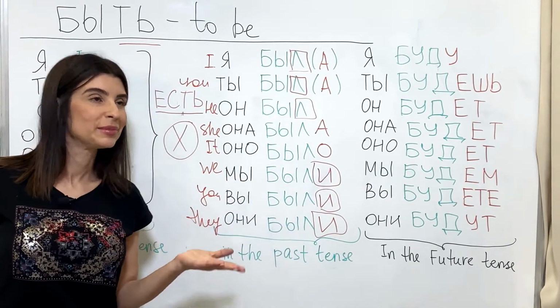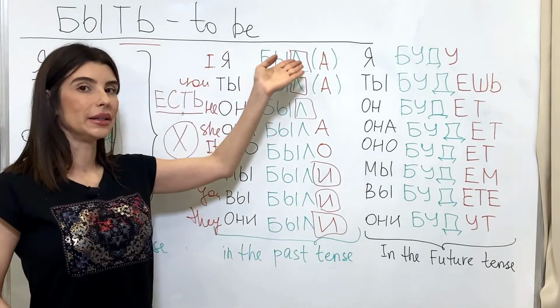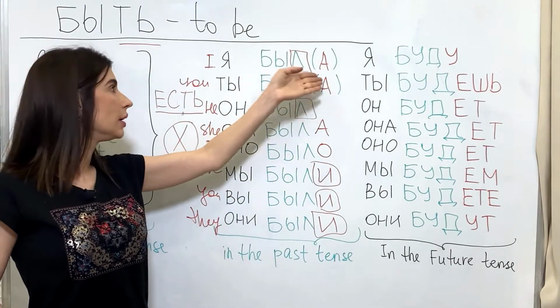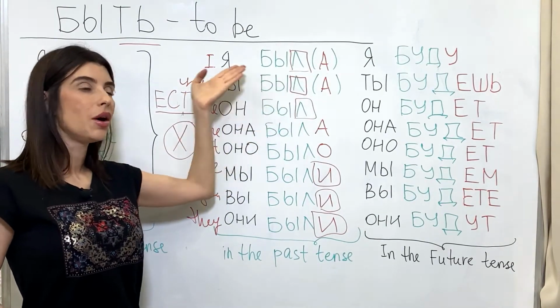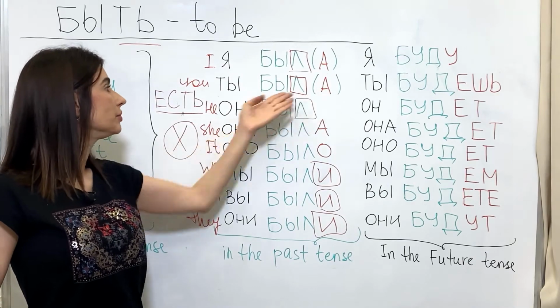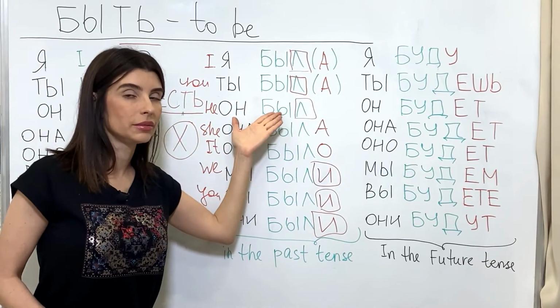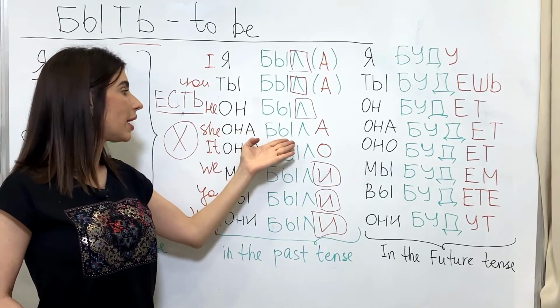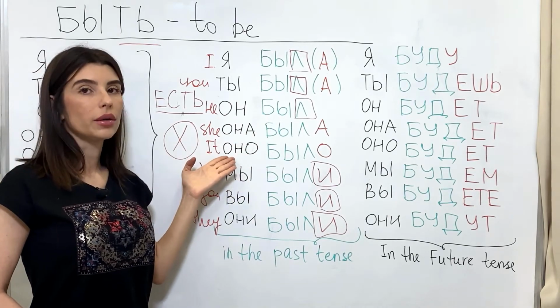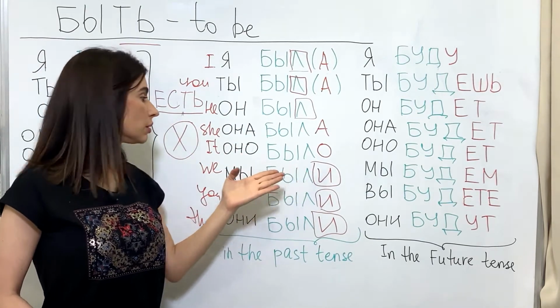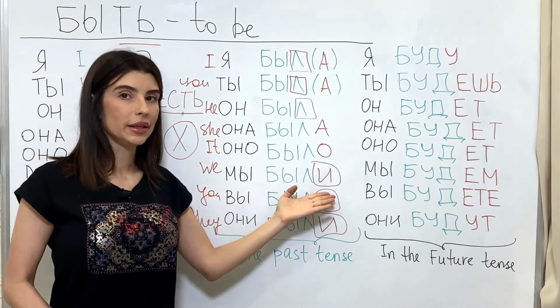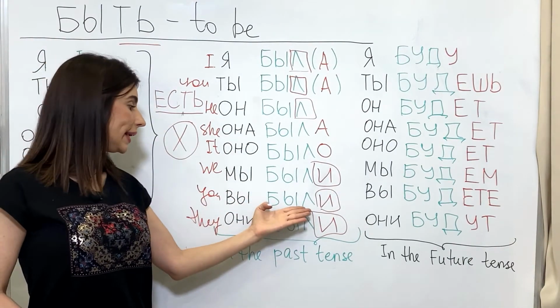One more time. Я был, or я была. Ты был, or ты была. Он был. She была. Оно было. Мы были. Вы были.